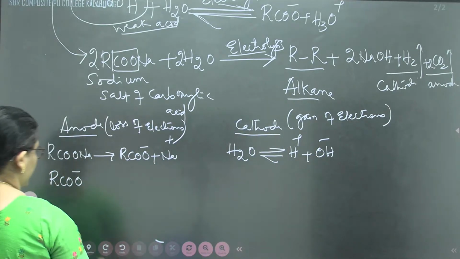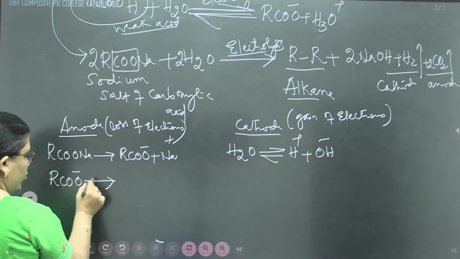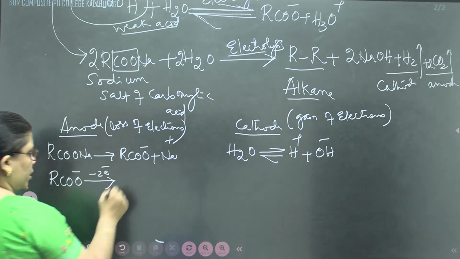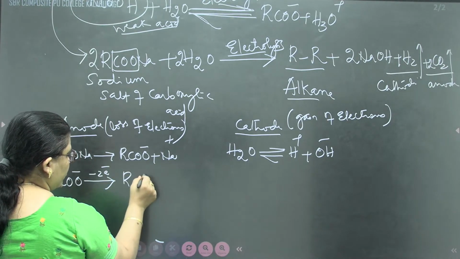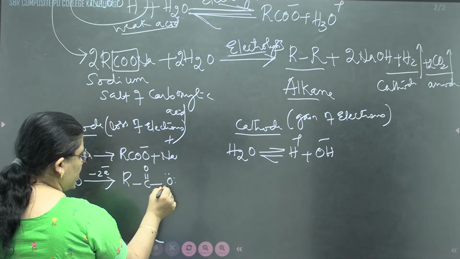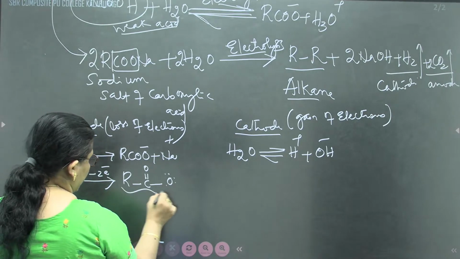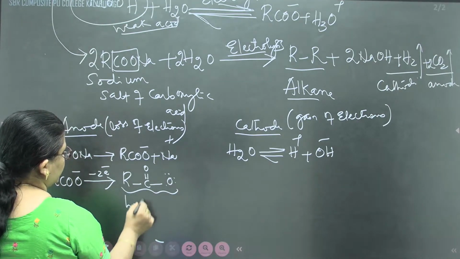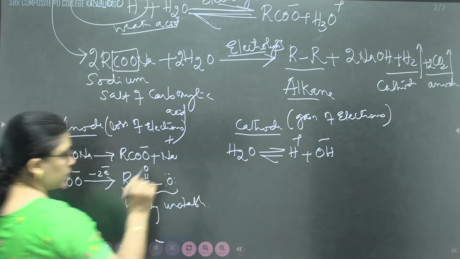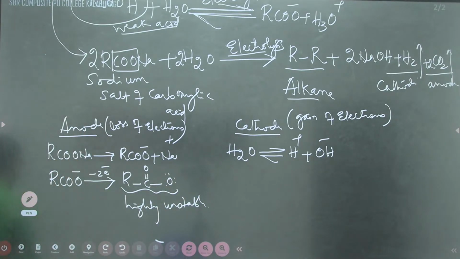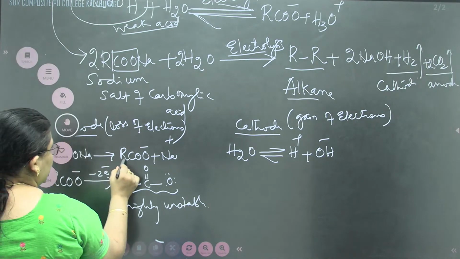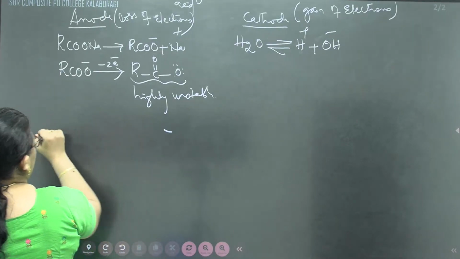Here, by the loss of 2 electrons, RCOO minus forms a very highly unstable molecule. That unstable species is further converted into a free radical with the release of carbon dioxide.